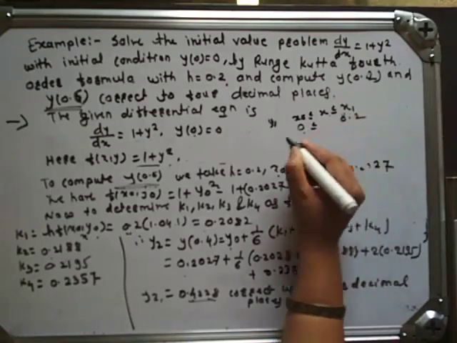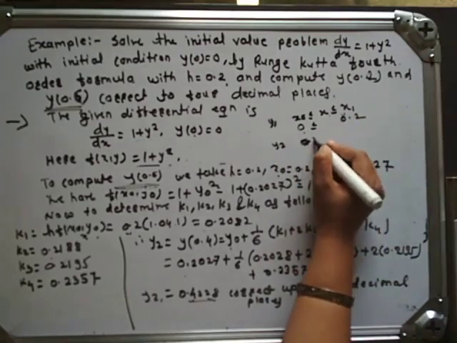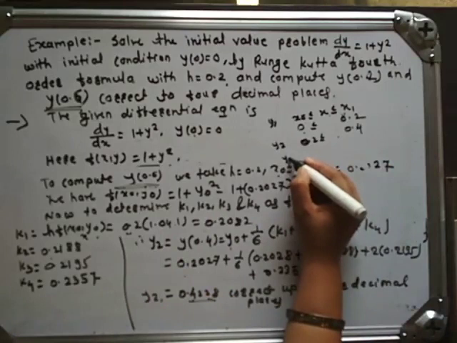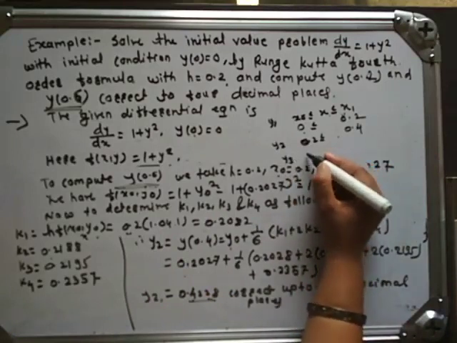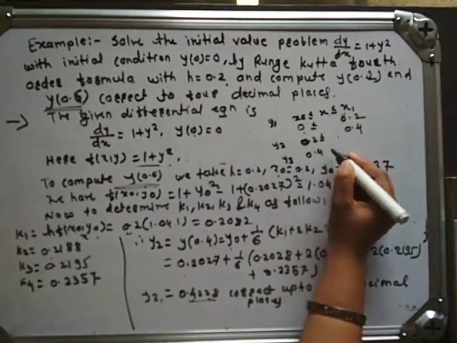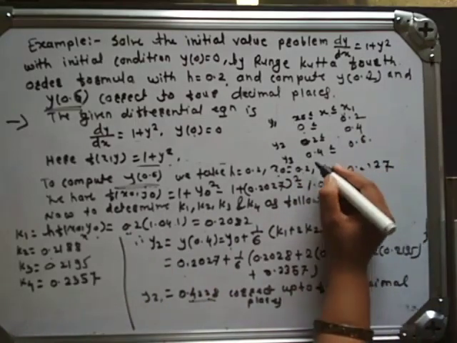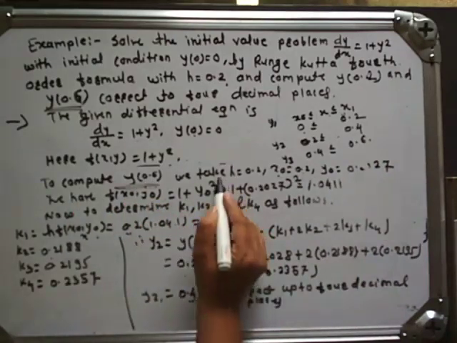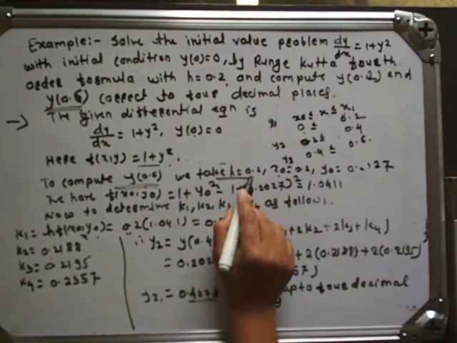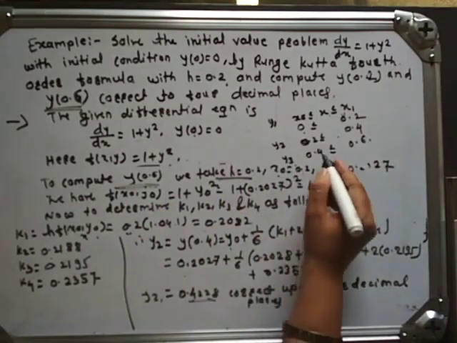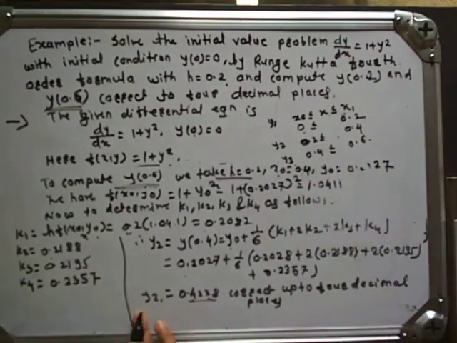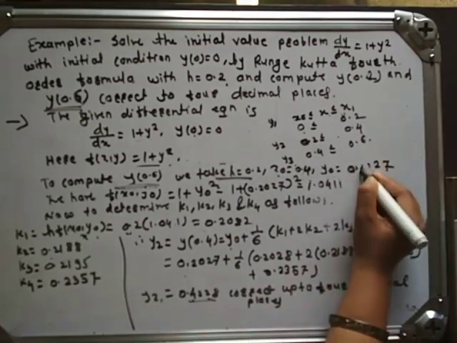For y2, x lies between 0.2 and 0.4. And for y3, means y of 0.6, x lies between 0.4 and 0.6. So to compute y of 0.6, we have to take h constant. h is equal to 0.2. In this case, x0 is 0.4 and y0 is nothing but this y2, which is 0.4228.